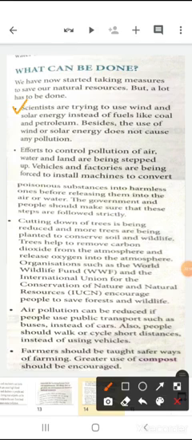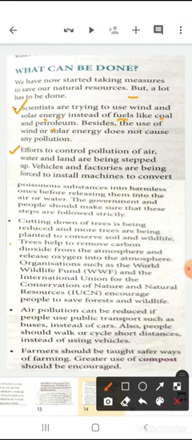Scientists are trying to use wind and solar energy, which are abundant, instead of fuels like coal and petroleum. Besides, the use of wind or solar energy does not cause any pollution. Solar energy which we get from the sun and wind energy from the wind cannot cause any pollution to the environment.